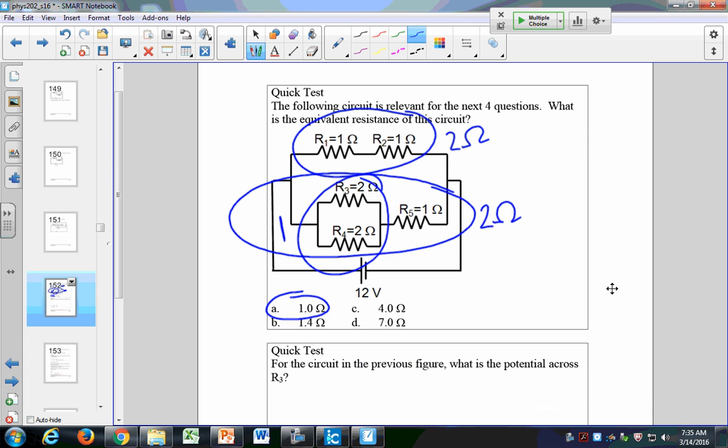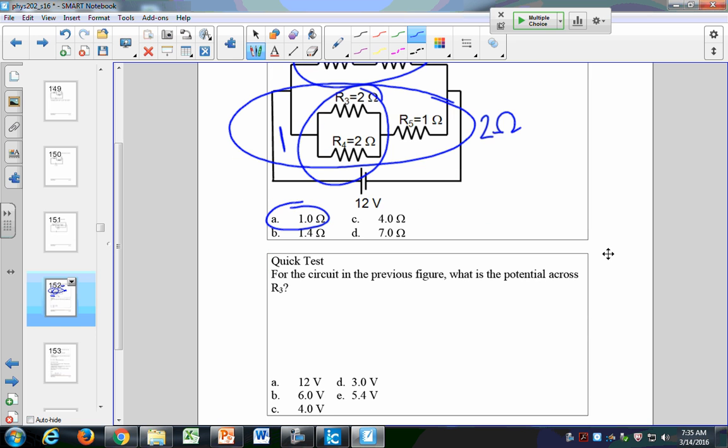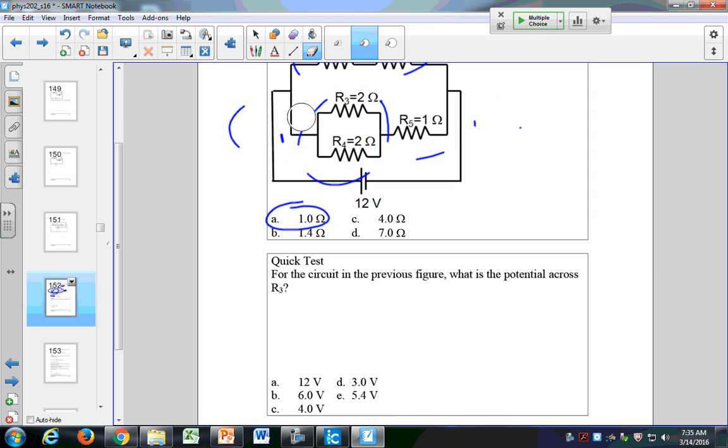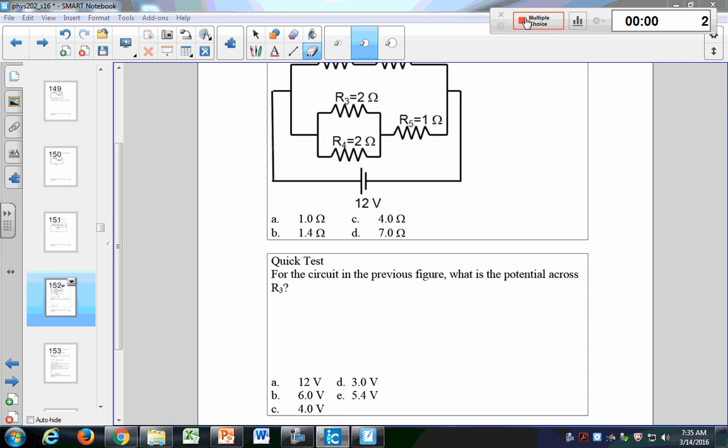What is the potential across R3? Is it 12, 6, 4, 3, or is it 5.4? Start the clicker and put in your answer if you have it.